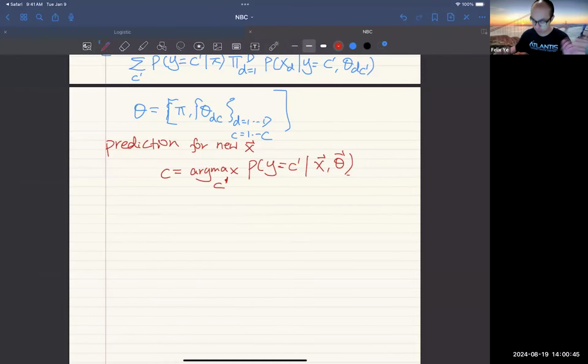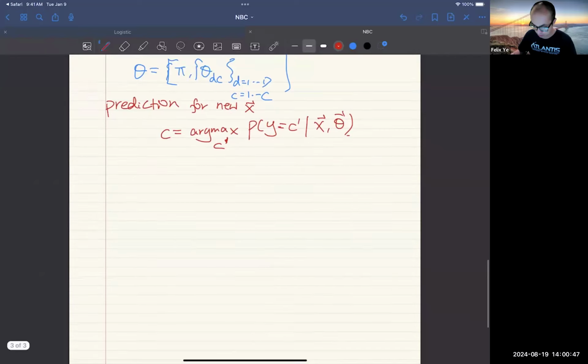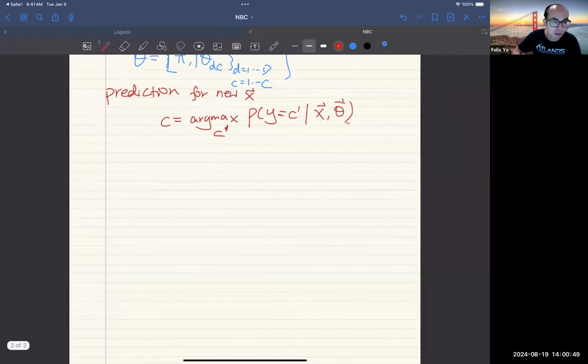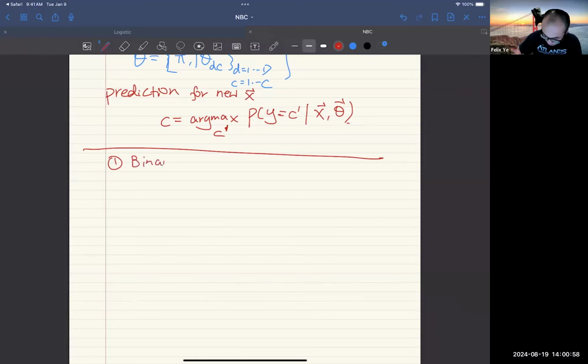So let's show some particular examples of the models. For example, we can think about the binary cases. In these cases, this xd right here is either 0 or 1. So the feature that we can only get is 0 and 1. What does that mean?